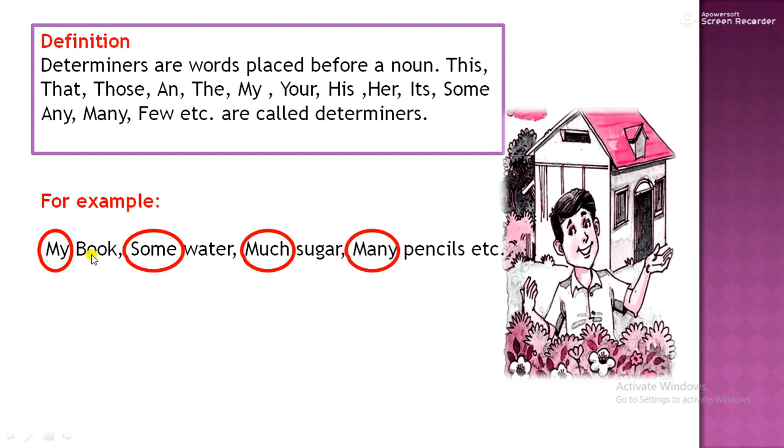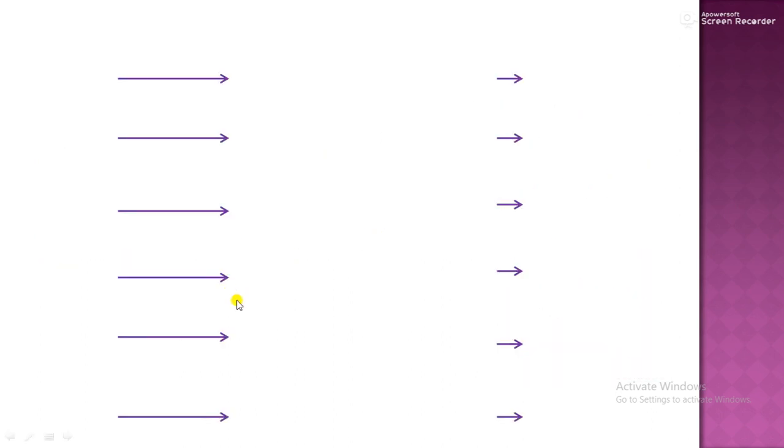So here, first look at the nouns, because we read in the definition that before a noun we use determiners. So these are determiners which are circled: my, some, much and many. Now nouns: book, water, sugar, pencils. We know name of place, person, thing is a noun.